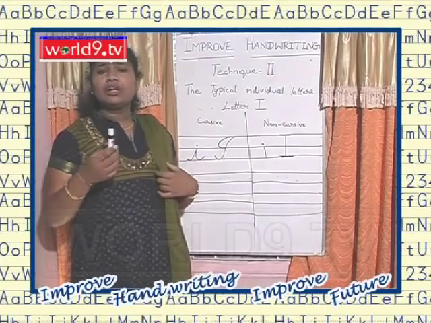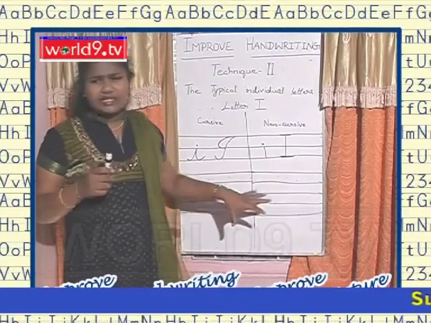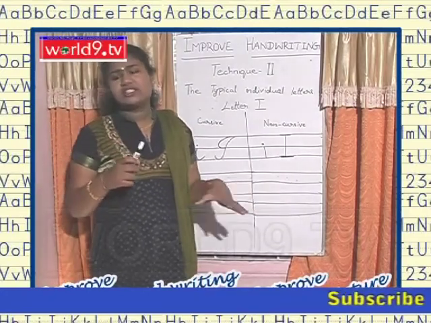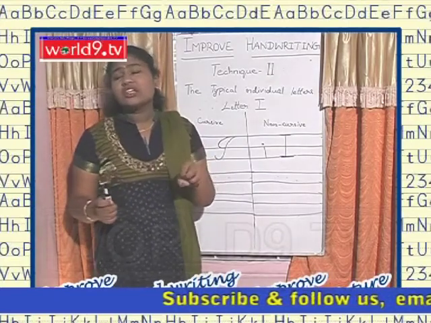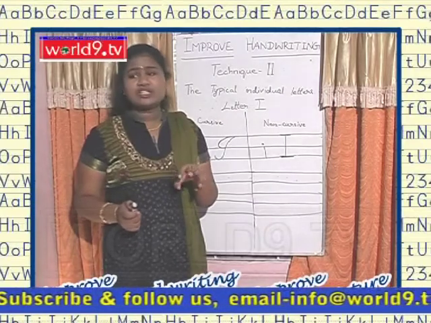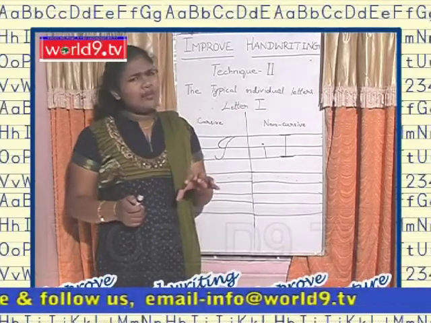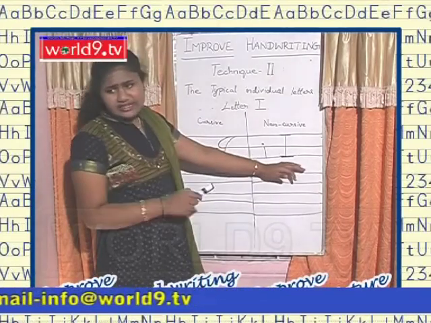By writing like this, you can avoid that stage, hypertension and anger, and control your anger. By anger we can get diseases like BP, blood pressure. So we can avoid blood pressure disease by writing I like this.